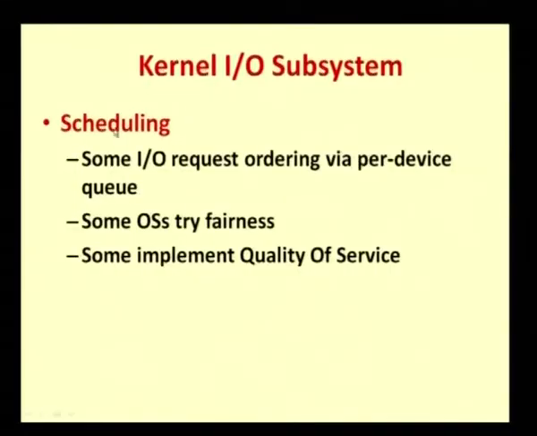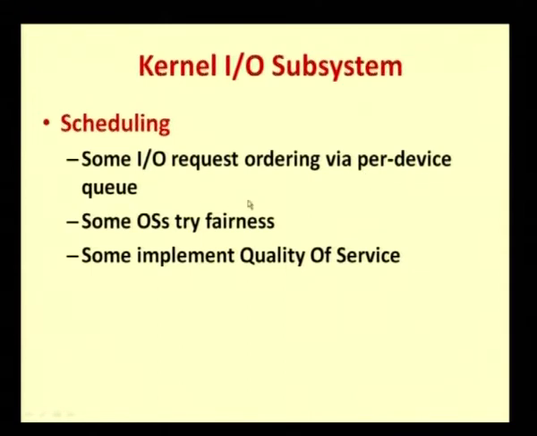Let us now see how this kernel I/O is scheduled. Kernel I/O is scheduled in many different ways, out of which the first way is scheduling. Some I/O request orders go via a per-device queue.